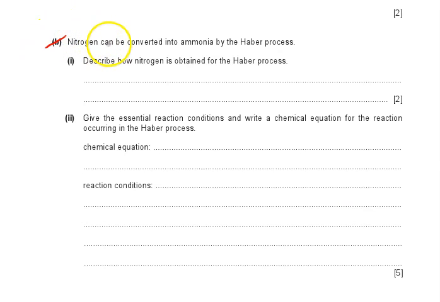B. Nitrogen can be converted into ammonia by the Haber process. Describe how nitrogen is obtained for the Haber process. In our air we have 78% nitrogen gas. So they will liquefy the air to make it a liquid.